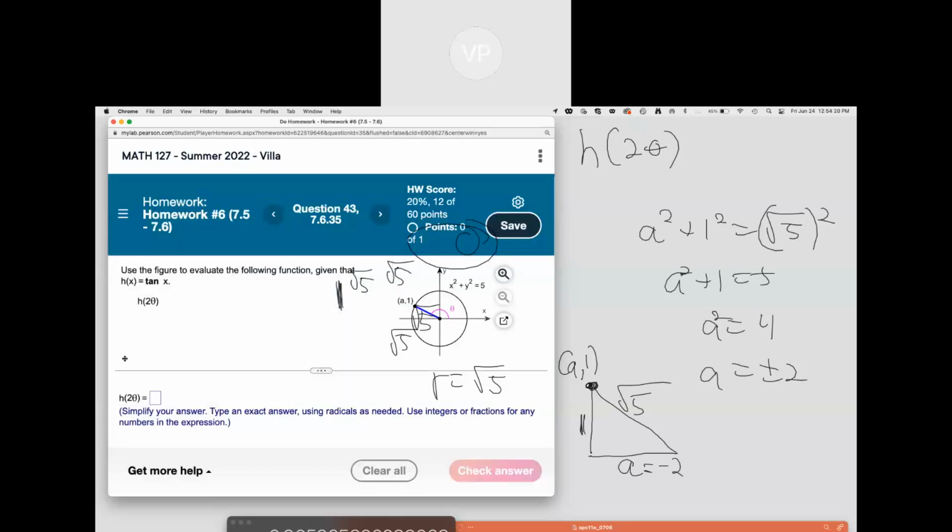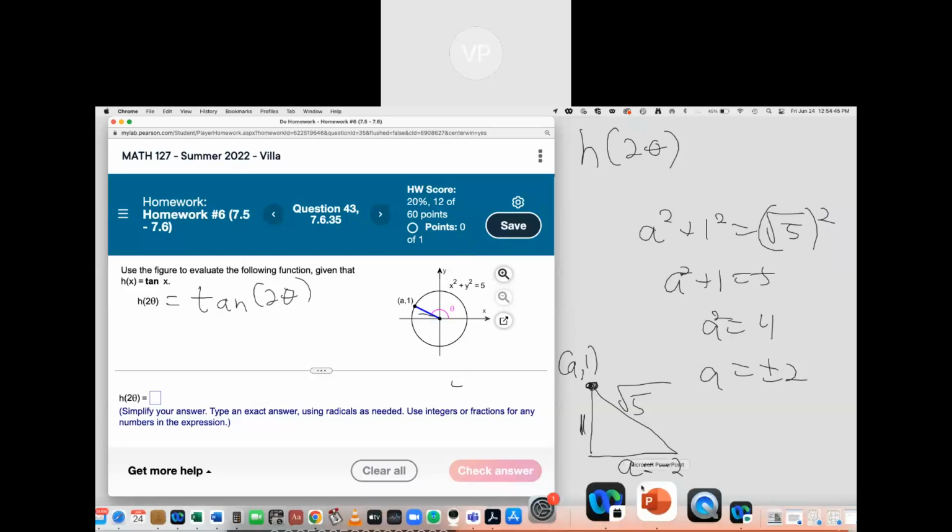So I'm going to get rid of the picture now that we've basically taken everything we need out of there. And let's focus on what they need us to find. They want us to find h of 2 theta, which means find the tangent of 2 theta. So we've done all this preliminary work.